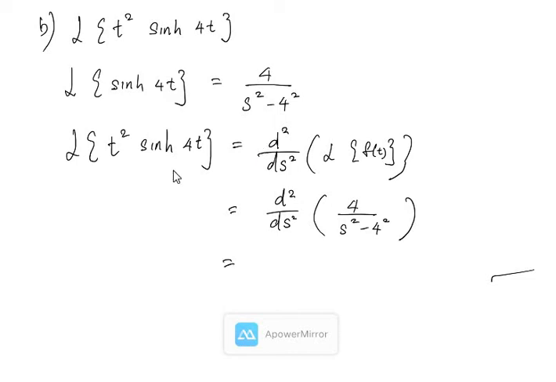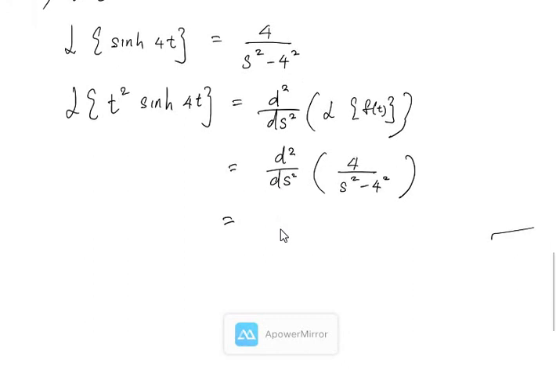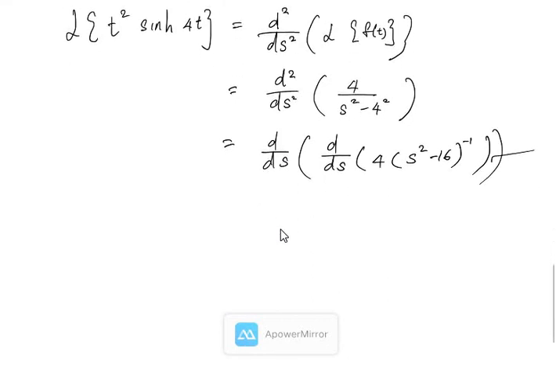So this is the second order. This means that I need to differentiate 2 times. Then 4 times (s squared minus 16) to the power of negative 1. Okay, and then next, first derivative, so I get d over ds.